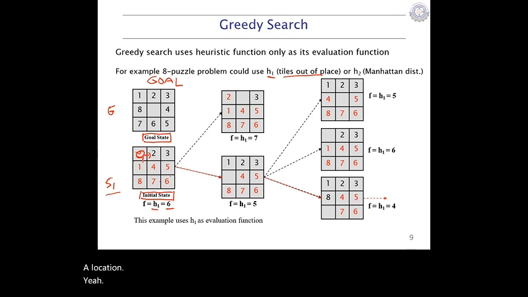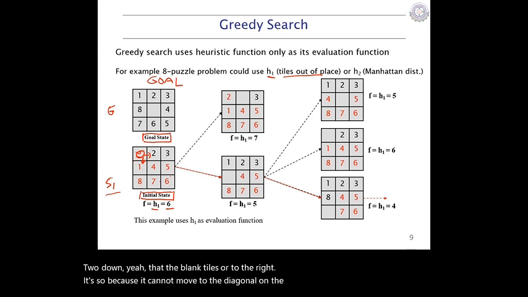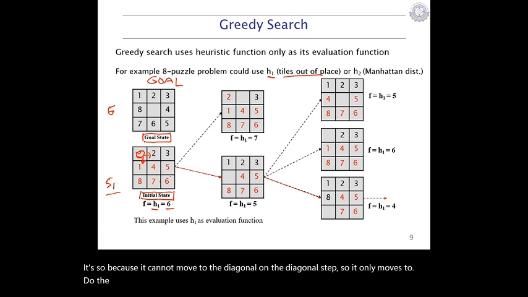From this position, there are two possible moves, right? The blank tile can move down or to the right. Because it cannot move diagonally, it only moves vertically or horizontally.